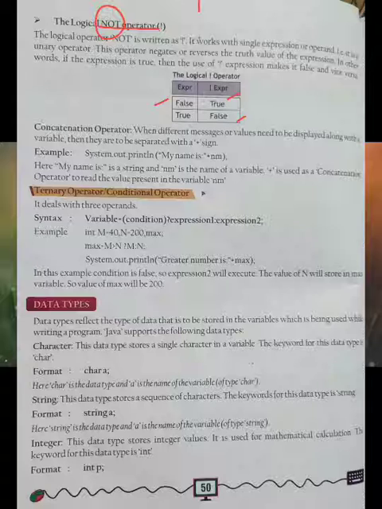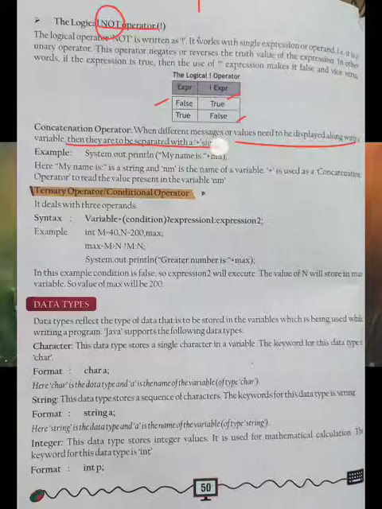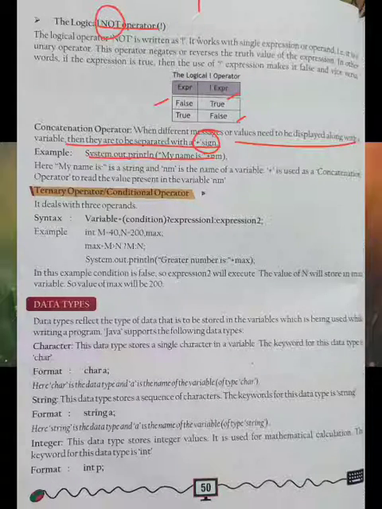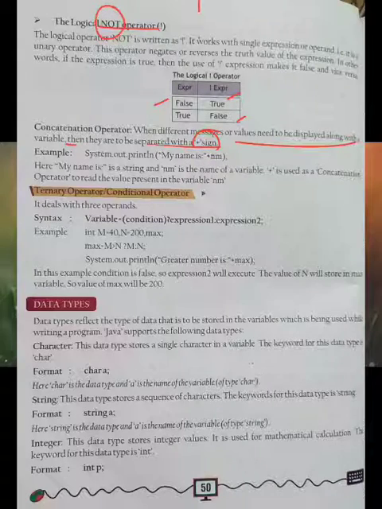Now the next type of operator is the concatenation operator. When different messages or values need to be displayed along with a variable, they are separated with a plus sign. Here an example is given: System.out.println is the print statement for getting output in Java.